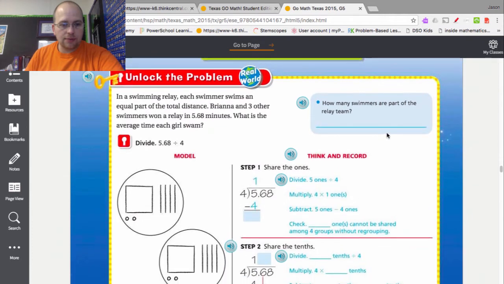So here's our problem. We have a swimming relay, and Brianna and 3 other swimmers won a relay in 5.68 minutes. What's the average time that each girl swam? So a relay race, if you don't know, means you have 4 participants, and they each run or swim a certain distance, and the total amount of time that it took all 4 of them to finish is their total time.